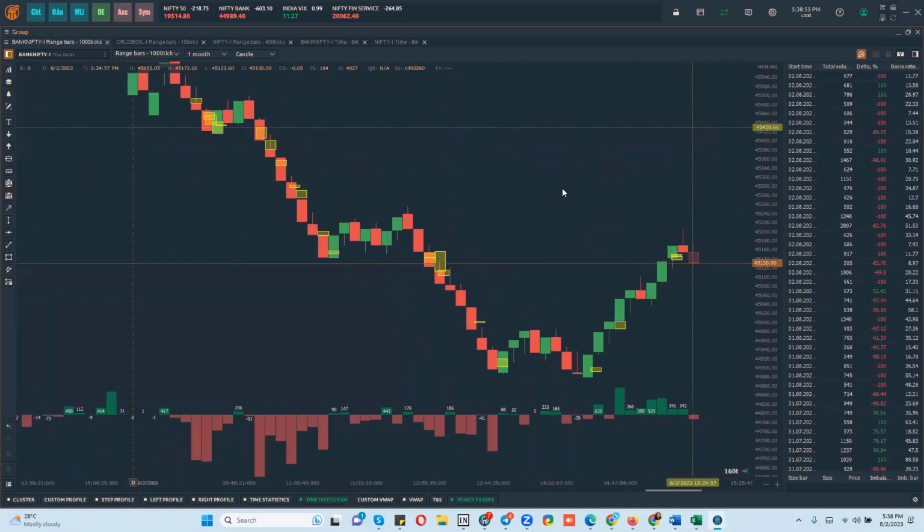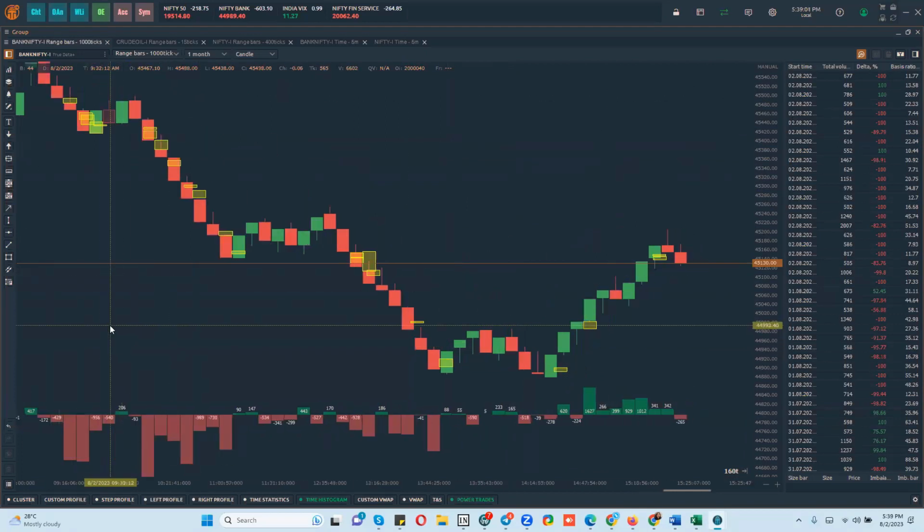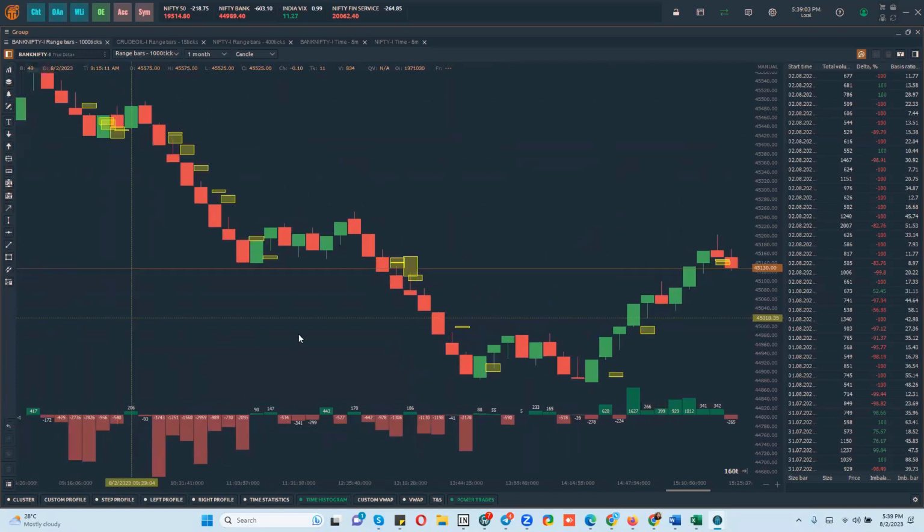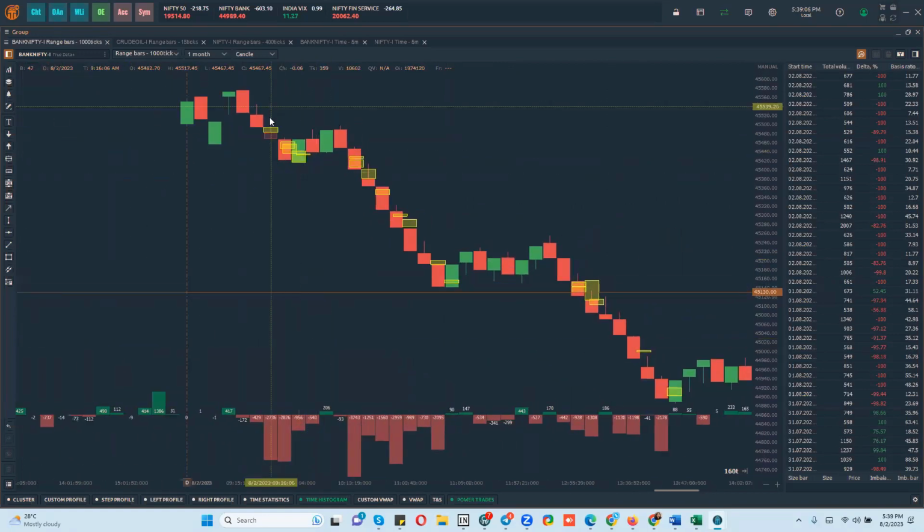Now we know that big candles are forming, there is a lot of delta happening, big delta values are here, but you also need to see where exactly these volumes are happening. You can see that there was negative delta here with this power trade, negative here, negative here.